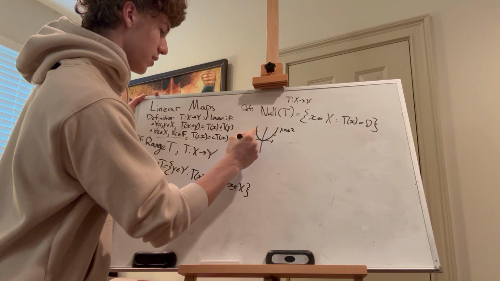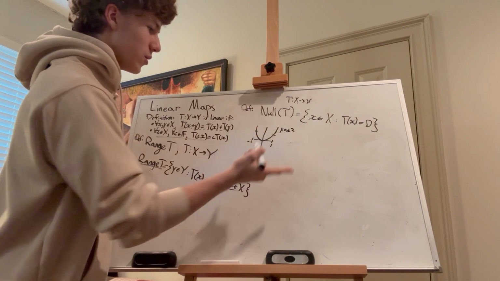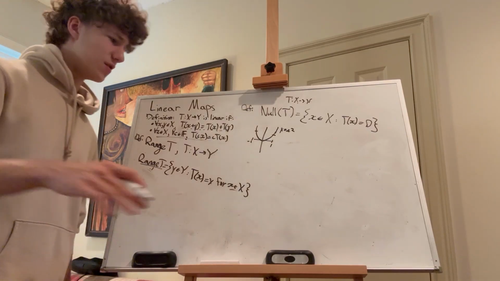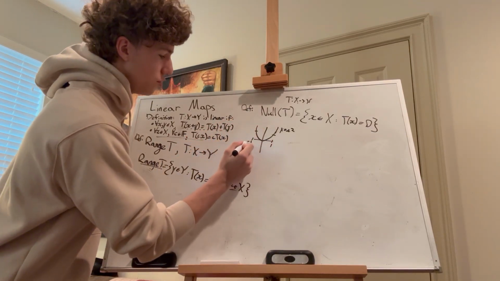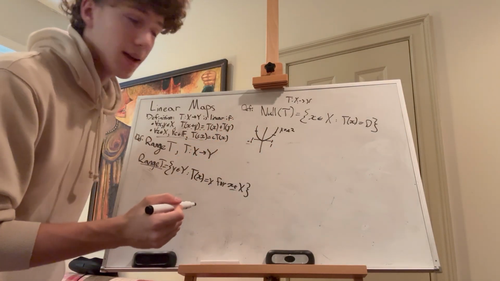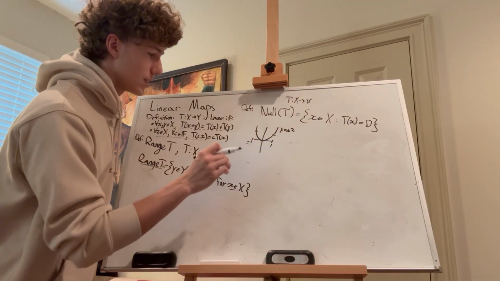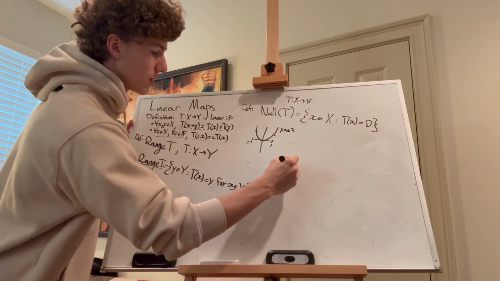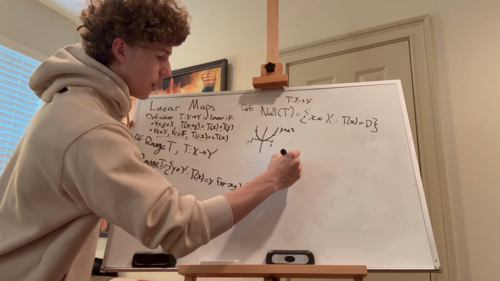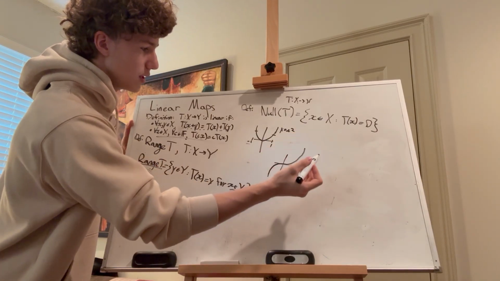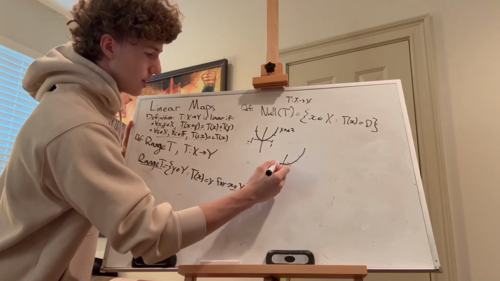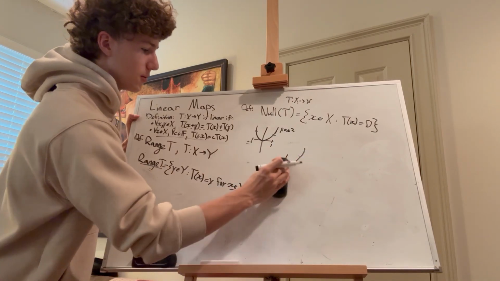Let's say this is -1, this is 1. -1 squared is equal to 1, but 1 squared is also equal to 1. That's not injective because 2 points get mapped to the same value. The point of an injective function is that it maps every point to a different value. So something like y equals x cubed is injective because everything gets mapped to a new thing.